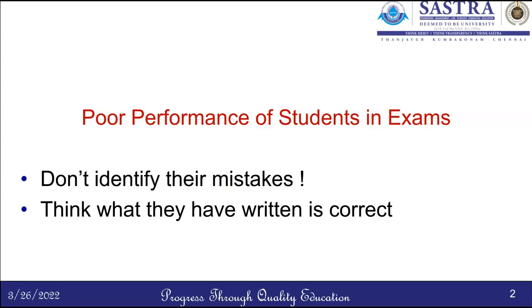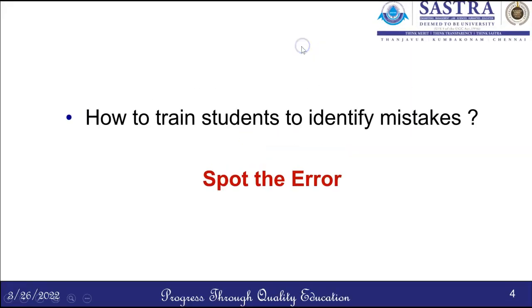It is always the teacher who identifies the mistakes and not they themselves. So I thought, why not better equip the students to identify their own mistakes in their solutions? Now, how to do that?